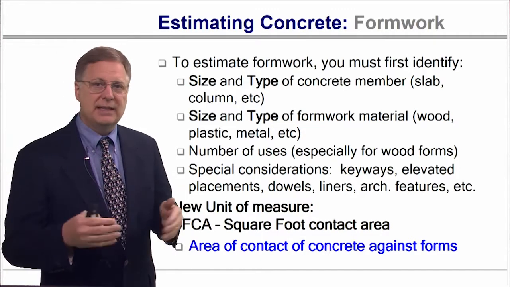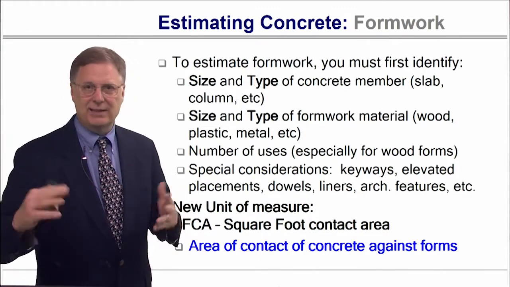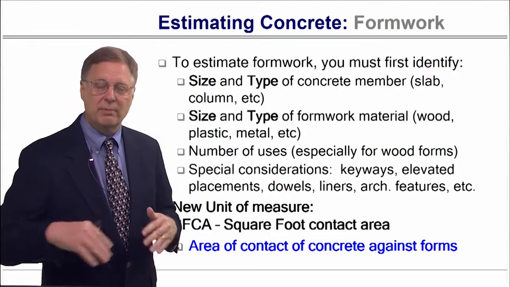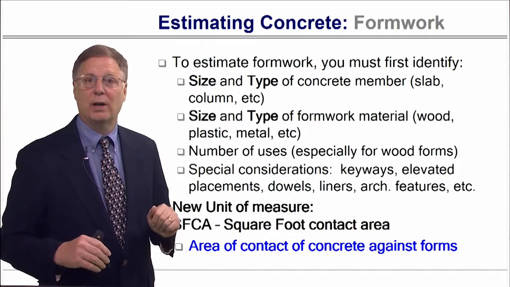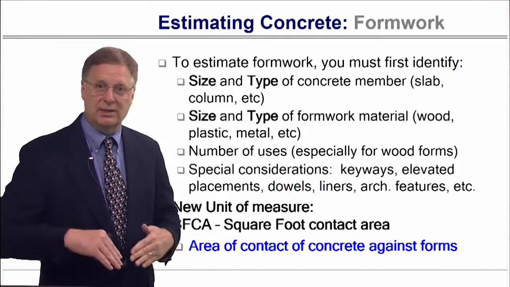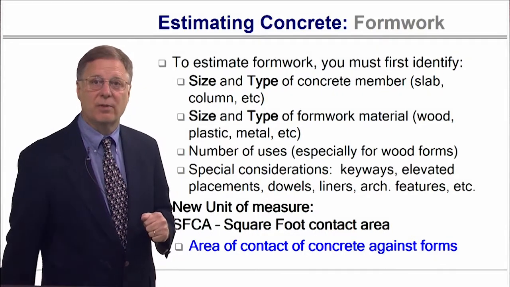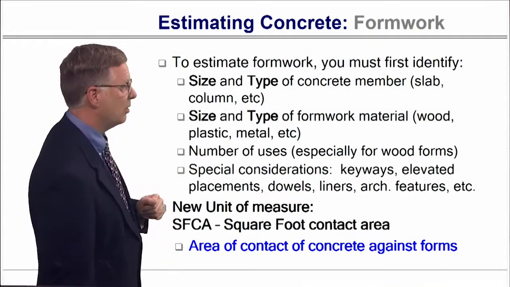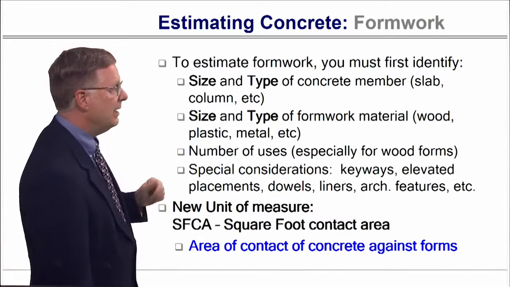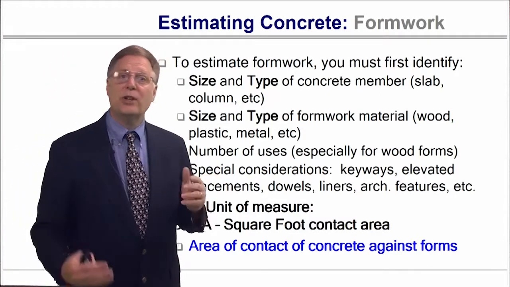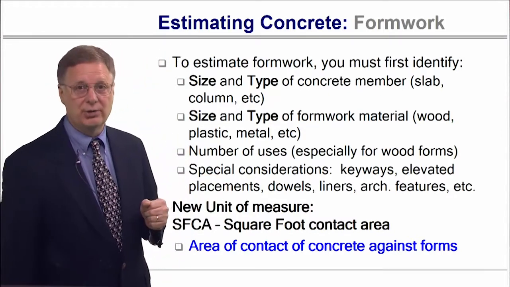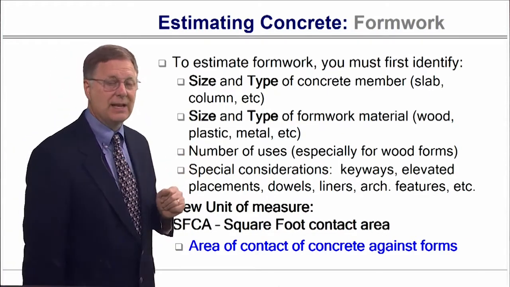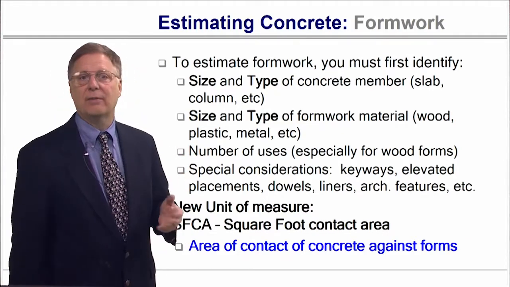And it's typically specialized. I mean, they paint it and they put a special coating on the top of it, but they'll put up plywood for a wall, or they'll put up some boards like 2x12s or something for the footings, or whatever they might be doing, slabs. In that case, the question is, how many times are you going to use that? Because that wood, if it's made out of wood, is going to wear out fairly quickly.